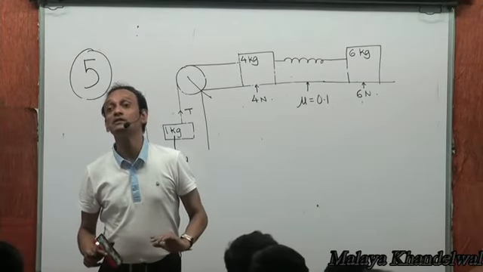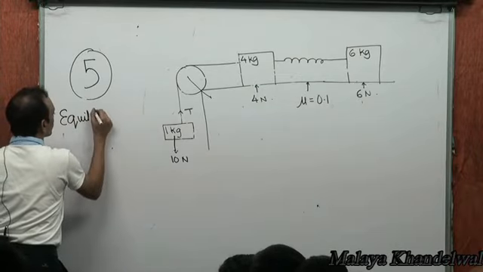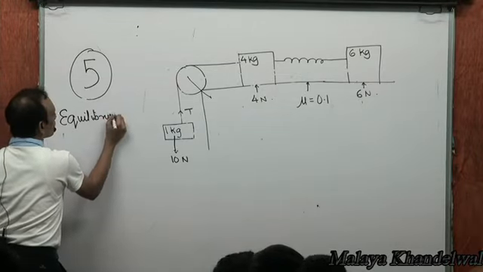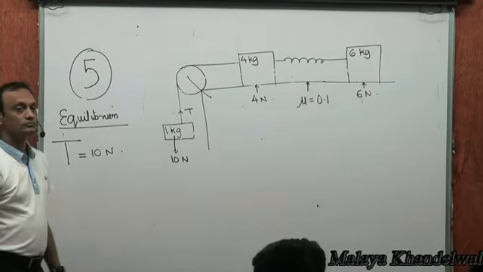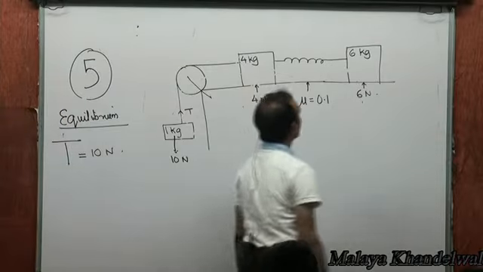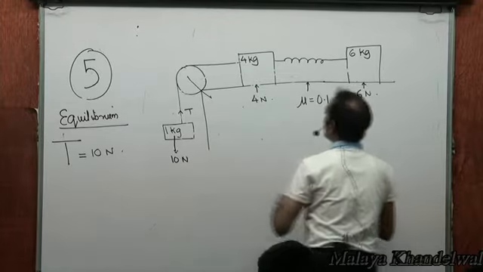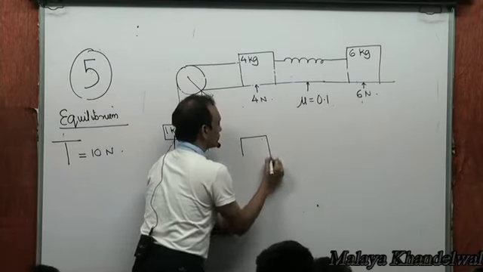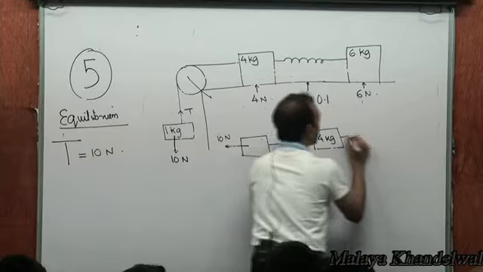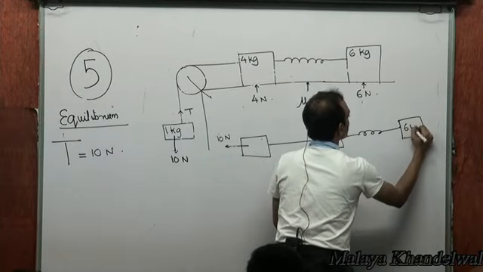So in equilibrium, T is 10 newtons. When T is 10 newtons, equilibrium means now if I think of the block, this 10 Newton block, this string, 4 kg block, and this spring, 6 kg block.